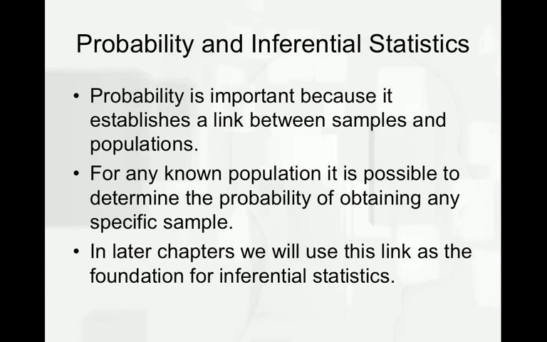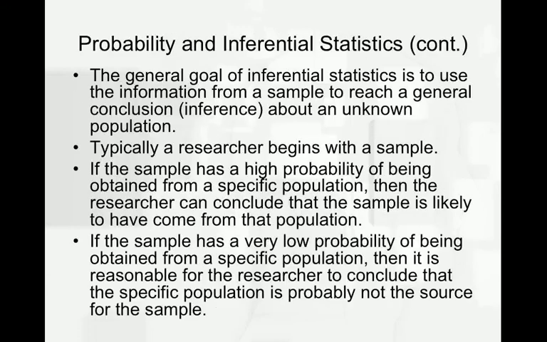So we're always interested in statistics about what's the probability of getting a particular value from a particular sample, and probability helps us do that. As you'll see when we engage in hypothesis testing, often a certain assumption is made about a population value.